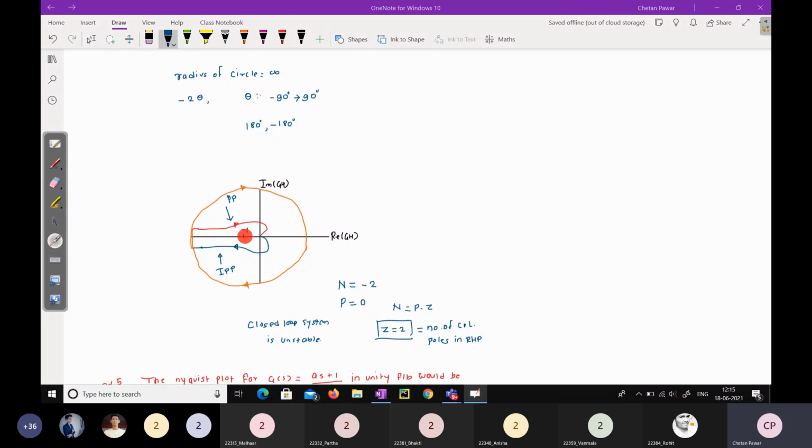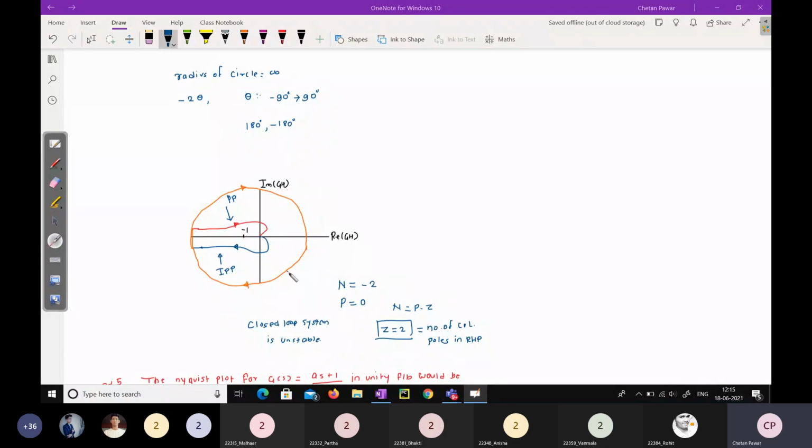How many encirclements are there around the minus 1 point? This will be the first clockwise encirclement, and this will be the second. So there are 2 clockwise encirclements. As you know, if there is a clockwise encirclement, we take N as negative. So here N will be minus 1, here also N will be minus 1, so total N will be minus 2.